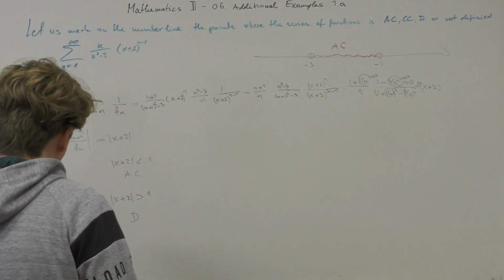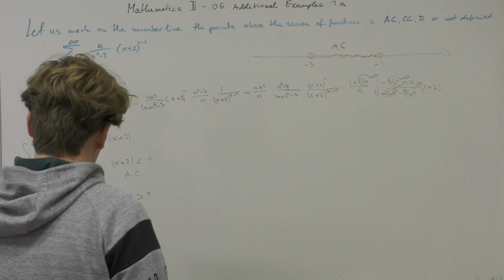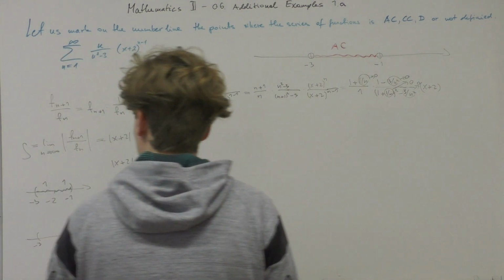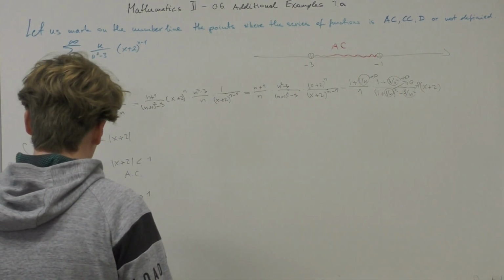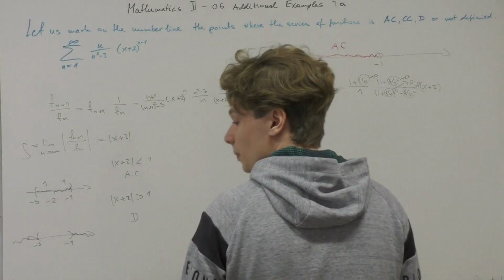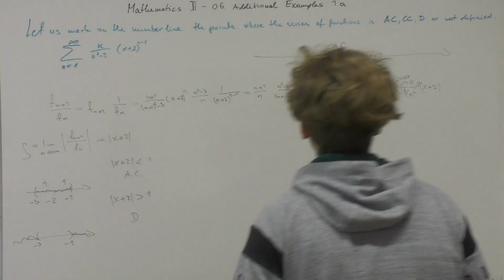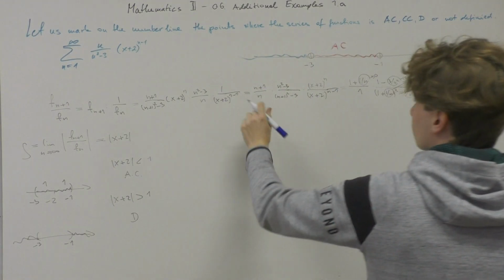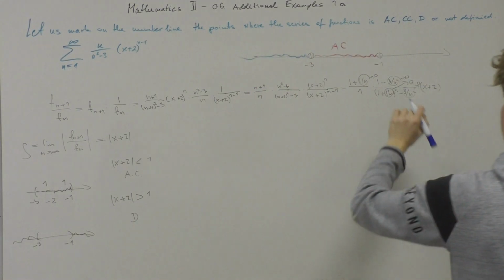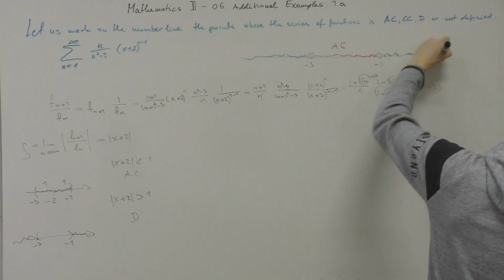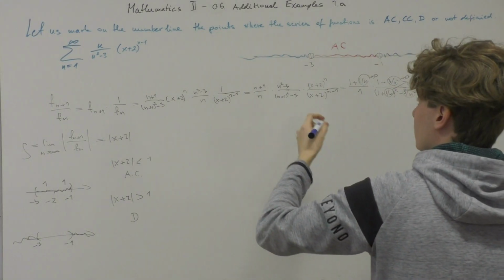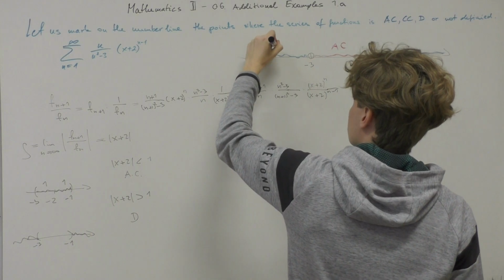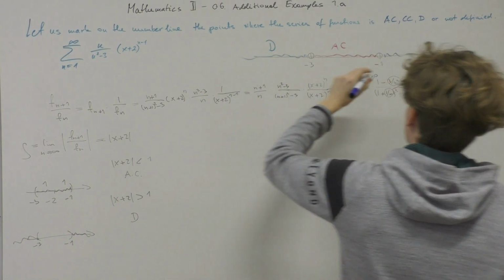So we have the interval from minus 3 to minus 1, and we just take the points outside of this interval. And if we also mark these points on the number line, we have to mark from minus infinity to minus 3 and from minus 1 to plus infinity. And from the test, we know that at these points, the function series is divergent.